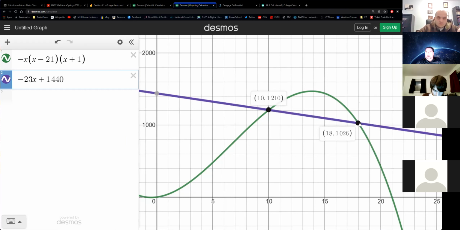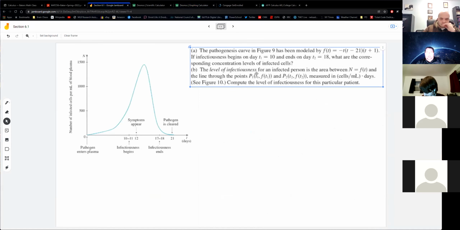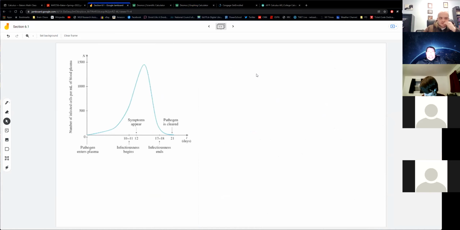So there's our equation, and we're looking for the curve in here. I'm taking my negative x minus 21, x plus 1, and subtracting off the negative 23x plus 1440. Let's look at that.